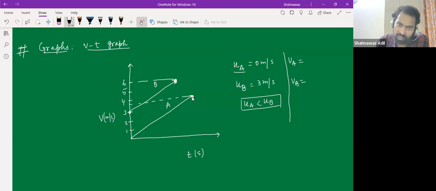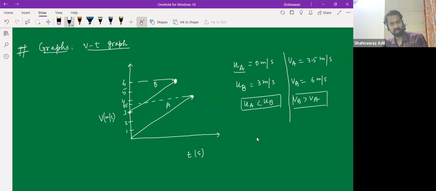You see this one is the highest velocity of A. Let's say this is 3.5, and this is 6. So VA is 3.5 meter per second, and VB is 6 meter per second. So VB is again greater. From this graph, we can tell this much. Is this understood, guys?